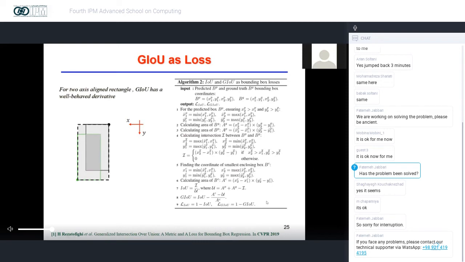We can show that all of the components we need to calculate them from the bounding boxes have well-behaved derivatives. Therefore, you can directly use IoU and GIoU in that case as a loss, and then loss and metric become very similar.